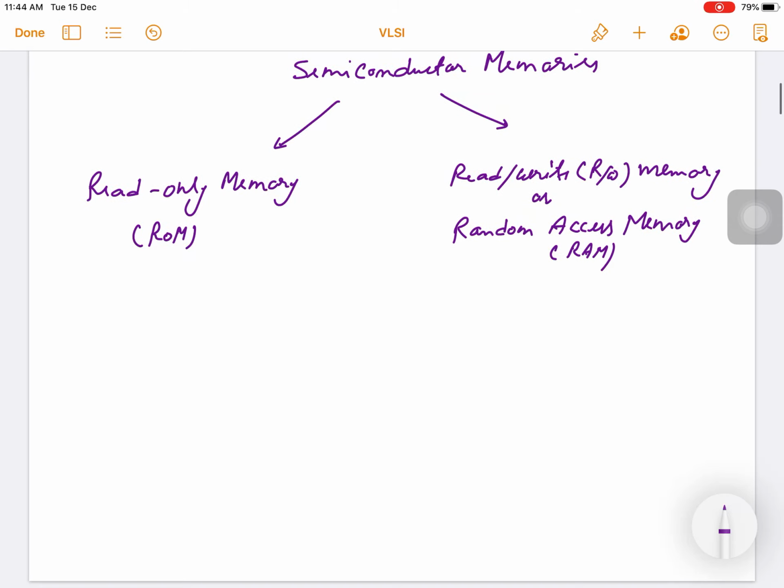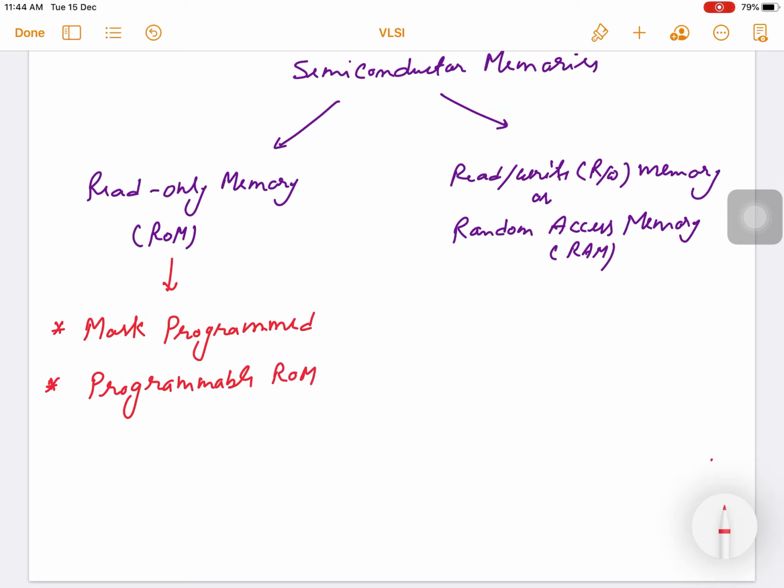Then this is further categorized in terms of mask programmable ROM, programmable ROM, PROM, and erasable PROM.